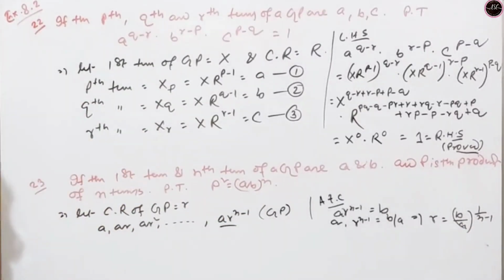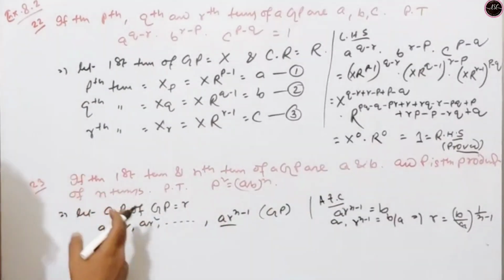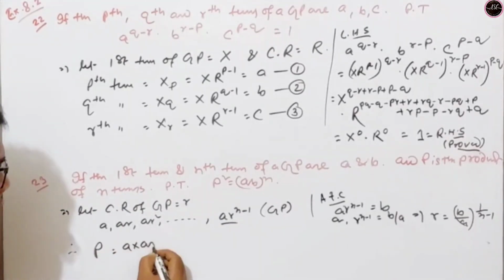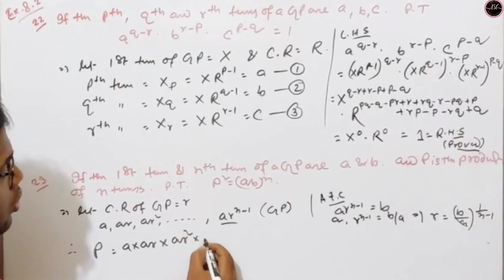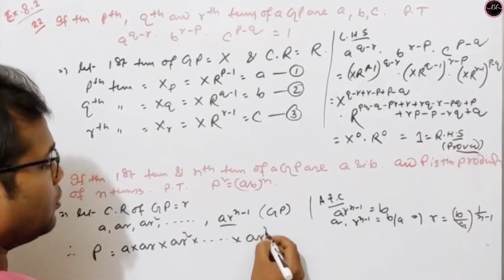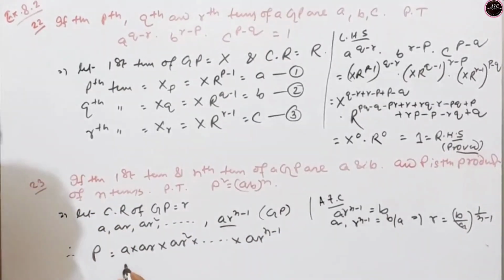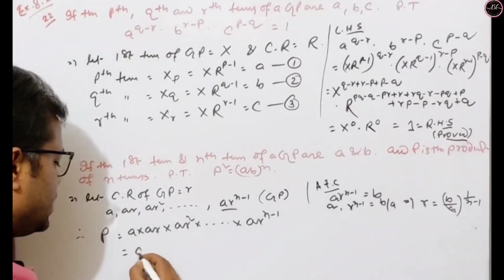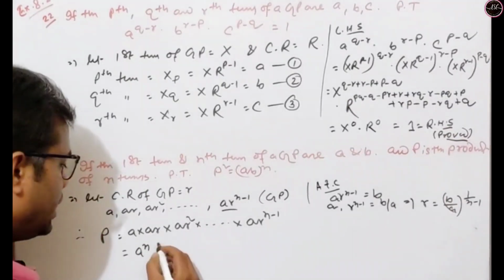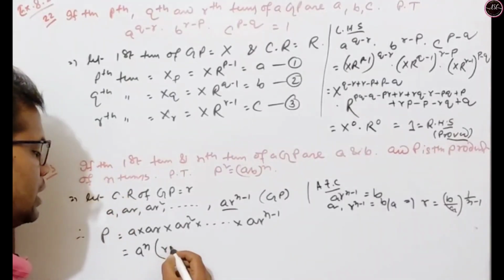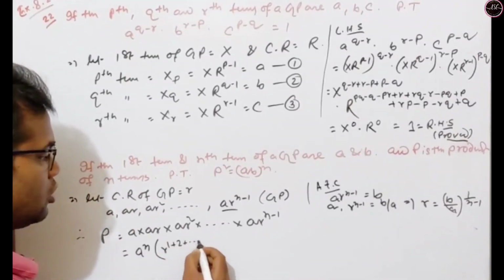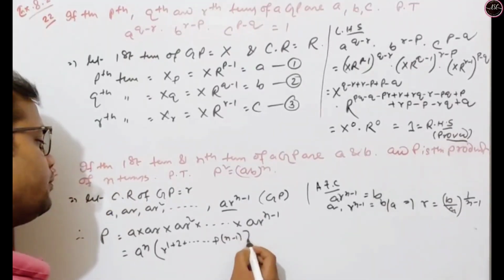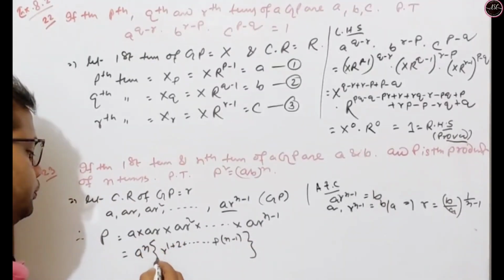Now P is the product of the n terms. Therefore we can write P equal to A into AR into AR square and so on up to AR to the power n minus 1. Here A appears n times, so we can write A to the power n. And R has the exponent 1 plus 2 plus up to n minus 1 terms.